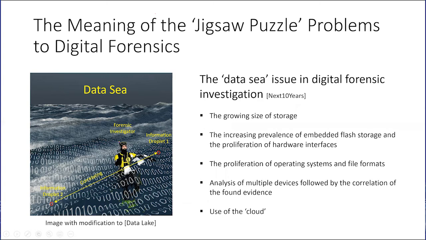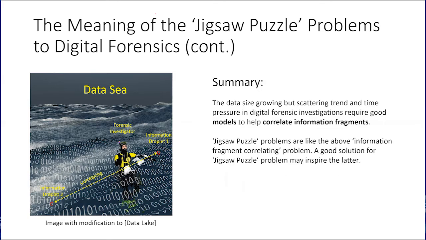But as we can see, this guy only has limited equipment or tools to facilitate his work. So the summary actually, this picture implies the data size growing but scattering trend and the time pressure in digital forensic investigations require good models to help correlate information fragments.